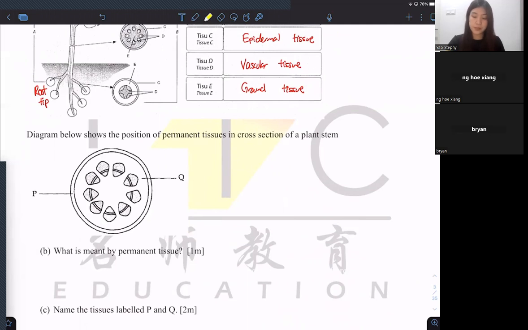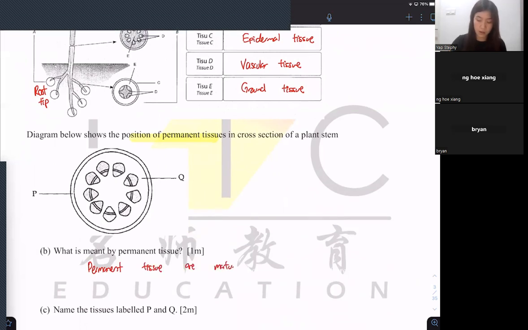Next, the diagram below shows the position of the permanent tissue in the cross-section of a plant stem. What is meant by the permanent tissue? Permanent tissue has two characteristics. First, mature tissue. Second, undergone cell differentiation. So you can write down: permanent tissue are mature tissue that experience cell differentiation.